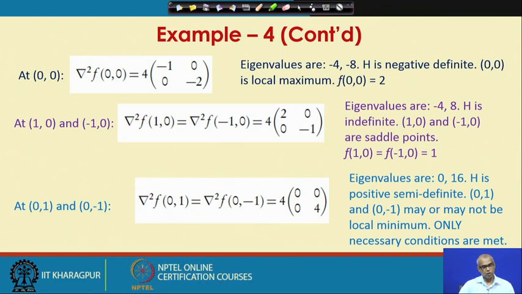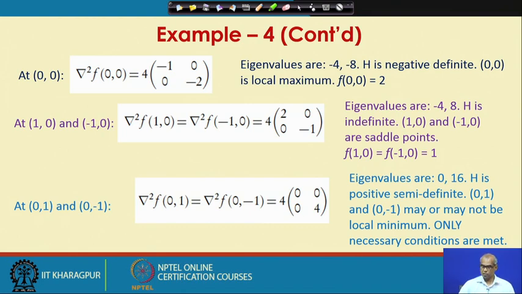Next, we will consider point 0 1 and point 0 minus 1. Again, at both the points, we will have the same Hessian matrix. The eigenvalues obtained for this Hessian matrix are 0 and 16. So, this is positive semi-definite, because eigenvalues are greater or equal to 0.